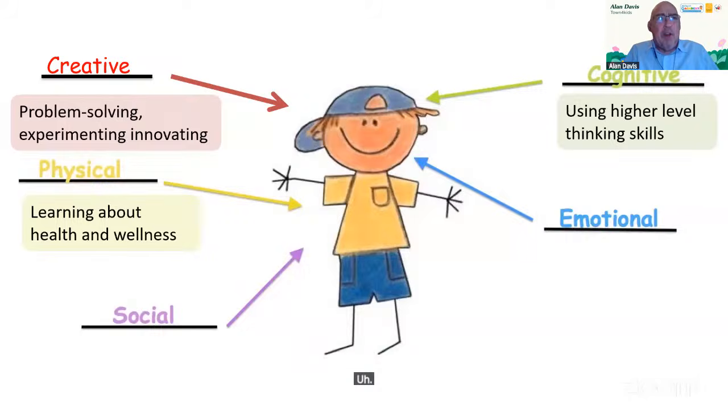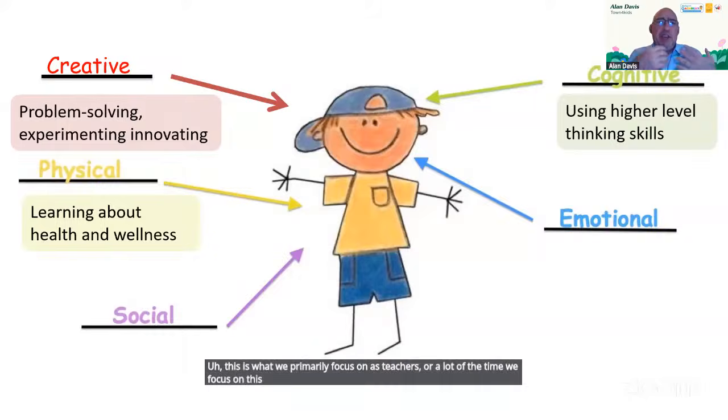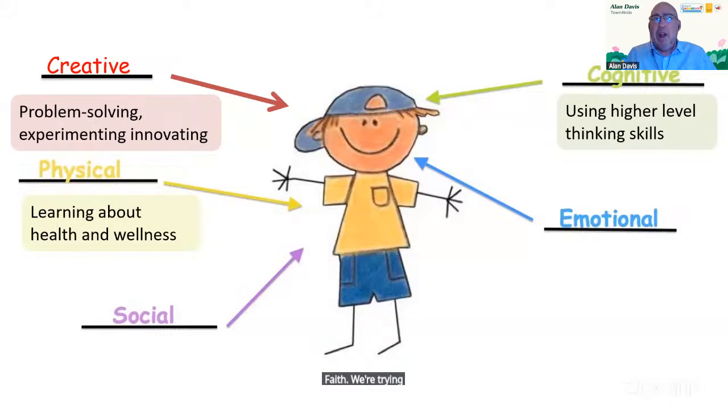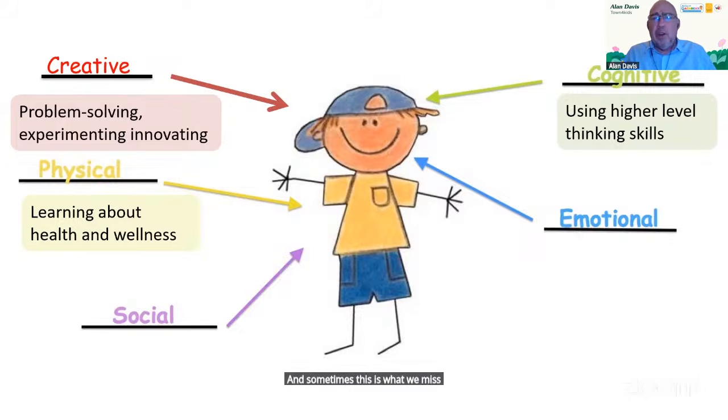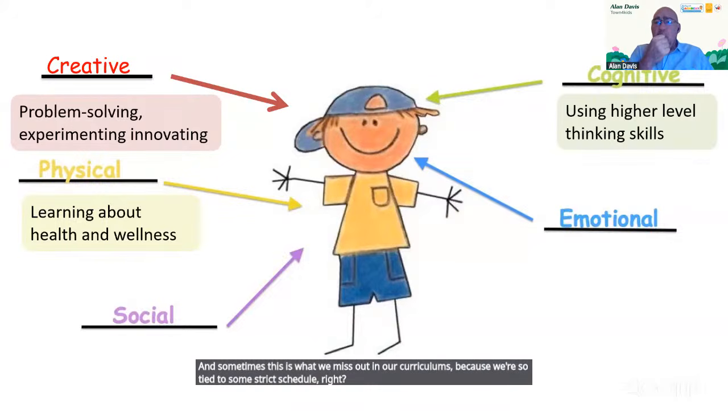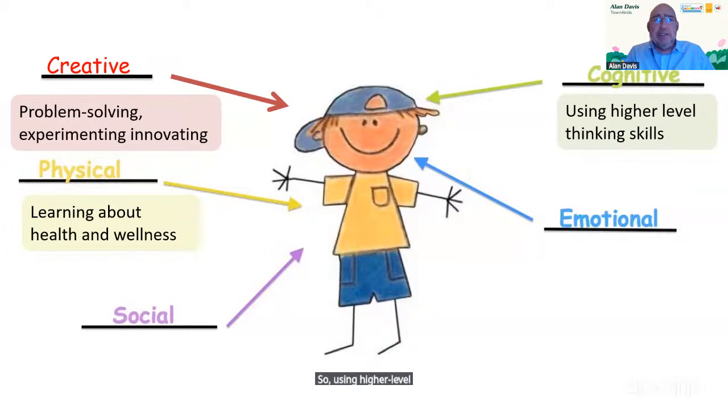This is what we primarily focus on as teachers, or a lot of the time we focus on this, right? Just trying to get students to think, or to memorize and repeat. Cognition, though, is not just about memorizing, but about using the brain to do some higher level thinking skills. Sometimes this is what we miss in our curriculums because we're so tied to some strict schedule. Using higher level thinking skills is an important part of teaching the whole child.